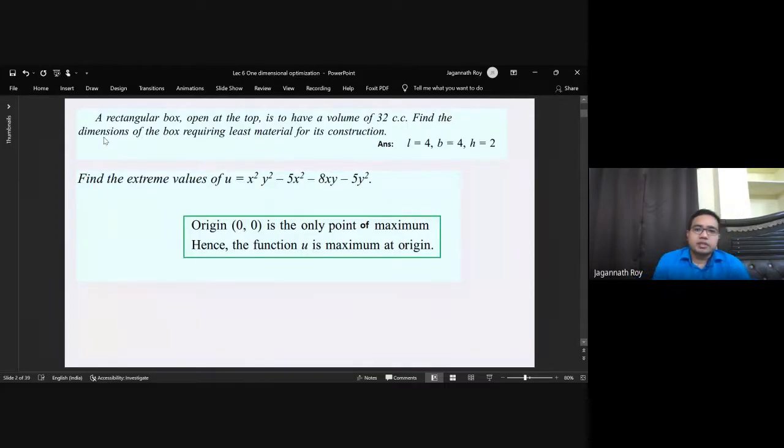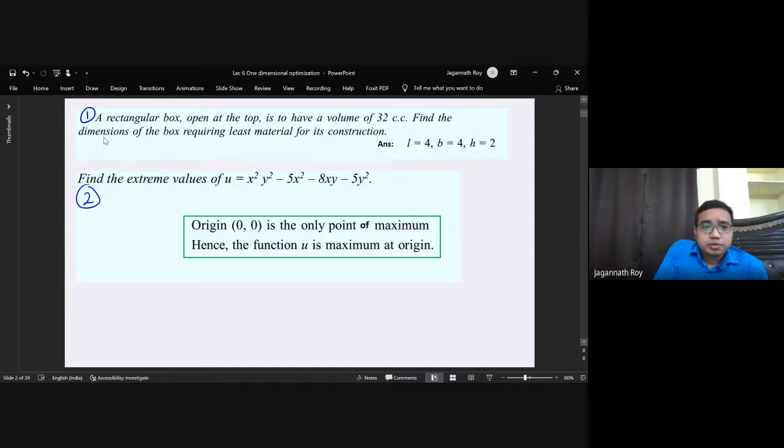So if we try to solve these problems, for example this is problem 1 and 2, then what are the things that we have to know? Whether it should give you a minimum value or maximum value, and what would be the solution.